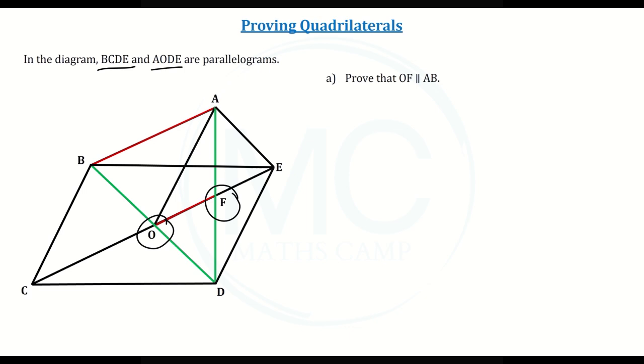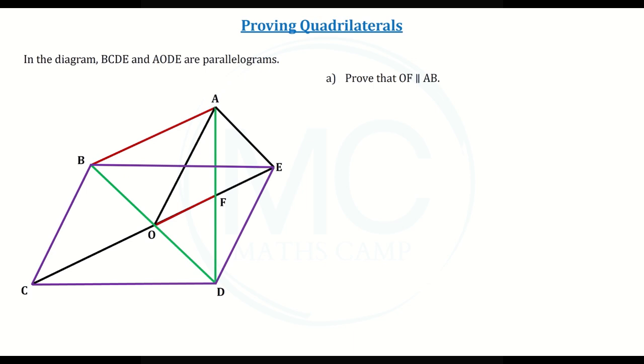Let's start with BCDE, and we can make it purple. Now we can see that BOD is a diagonal in parallelogram BCDE, and we know that diagonals bisect, which means that BO is the same length as OD.